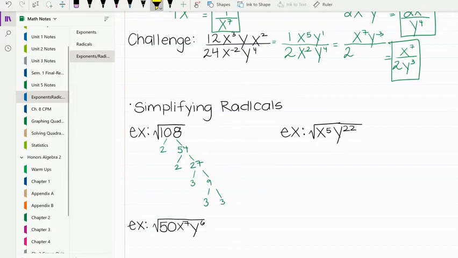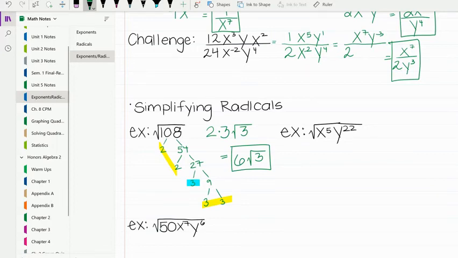We're looking for pairs, so we have that pair of 2s, the pair of 3s, and then we have a lonely 3 by itself. So for the pair of 2s and the pair of 3s, that would turn into 2 times 3, and then root 3. Another way we can write that is 6 root 3. Remember, the lonely number goes inside. Think of it like the lonely number stays inside because it has no friends, right?